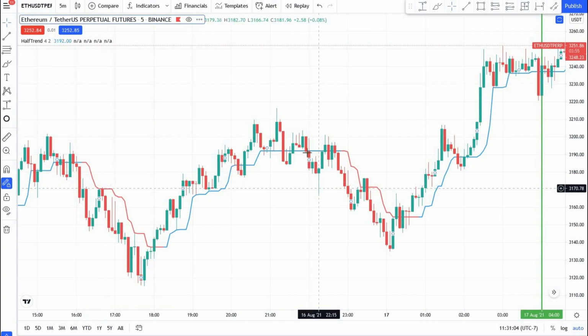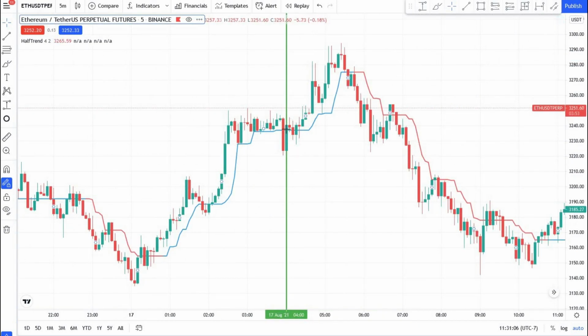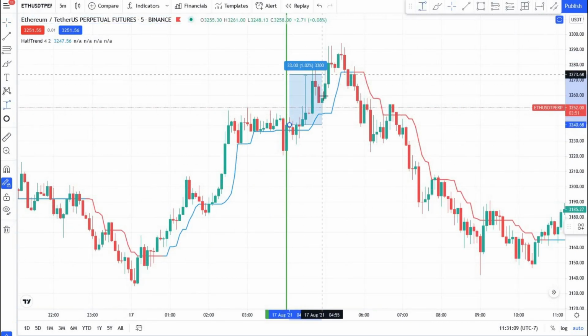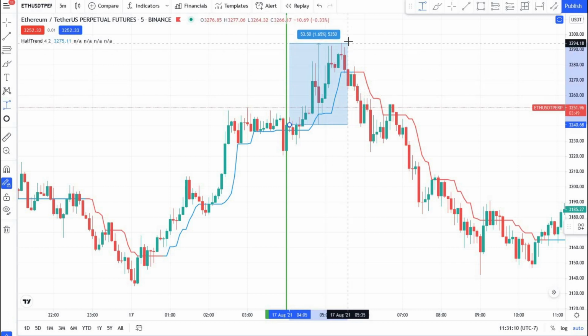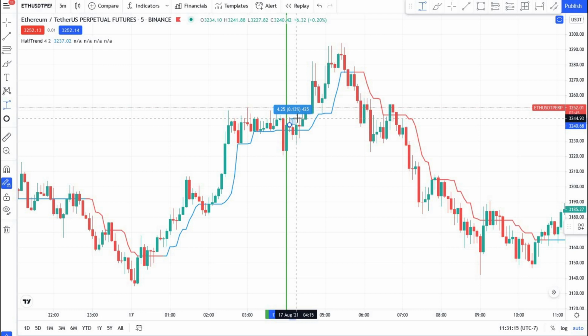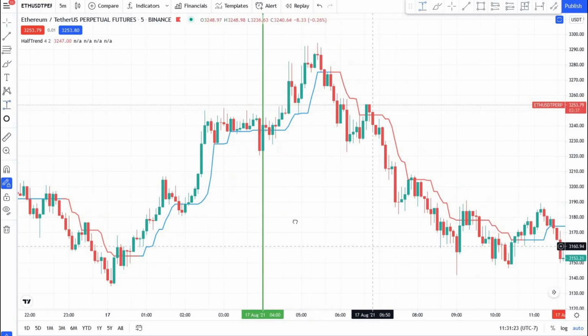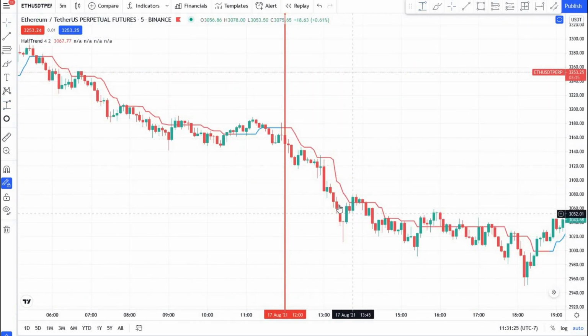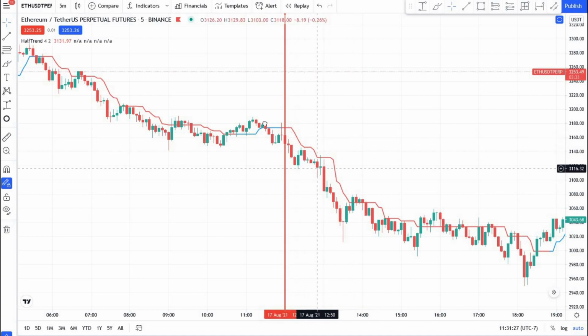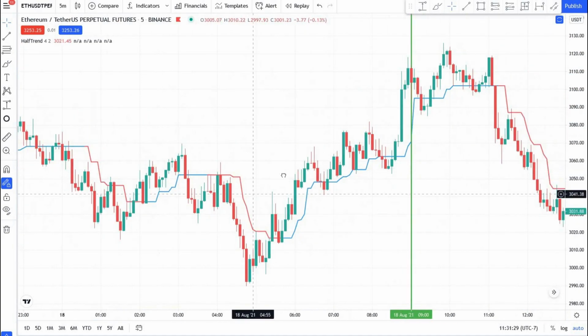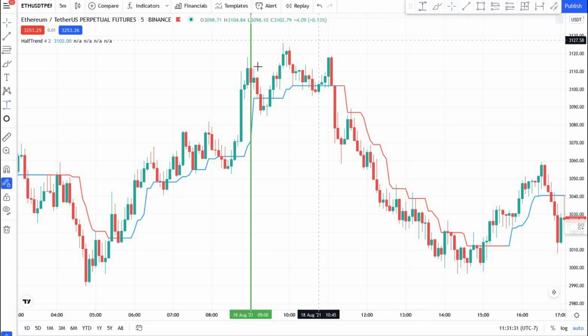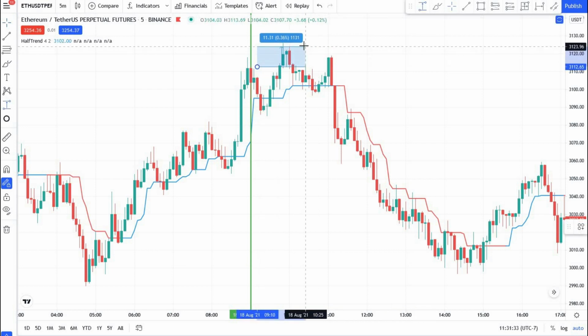amazing. This one, you can see all the way like 1.7% up, so you're just gonna close your position after like 30 minutes. Obviously, a successful trade. Here we're gonna have a successful trade as well.